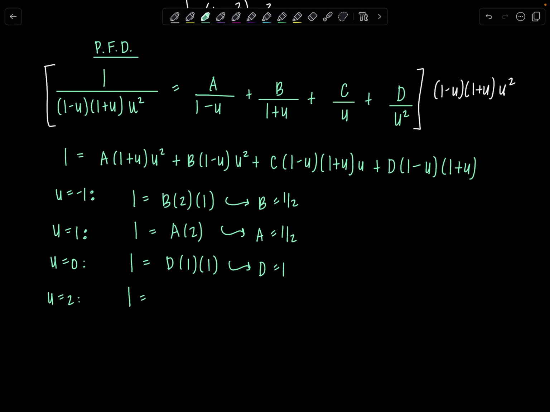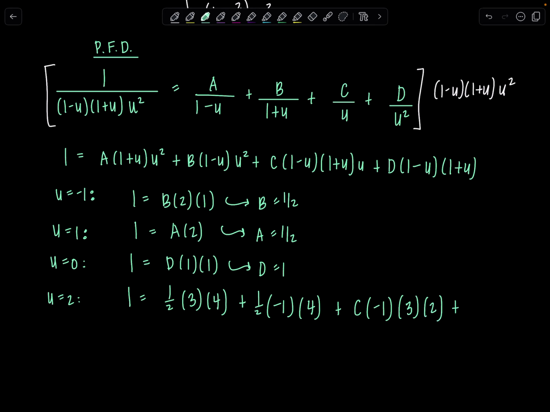1 equals, I know A is 1/2. 1 plus 2 is 3. 2 squared is 4. Plus B is 1/2. 1 minus u, 1 minus 2, -1. u squared, 4. Plus C times 1 minus 2 is -1. 1 plus 2 is 3. And then u is 2.